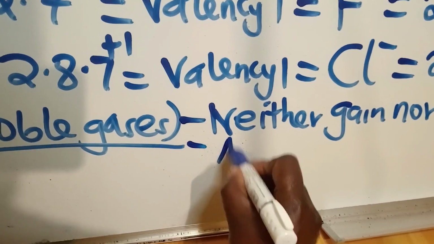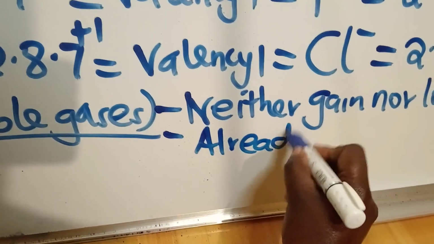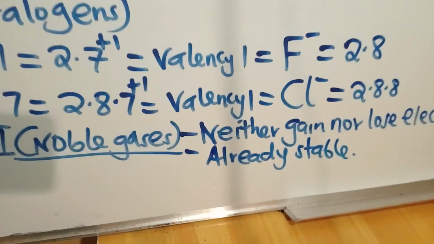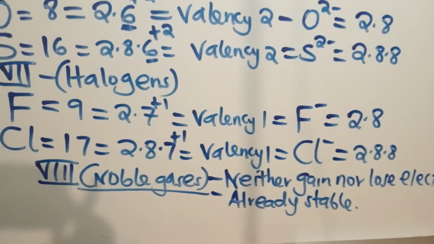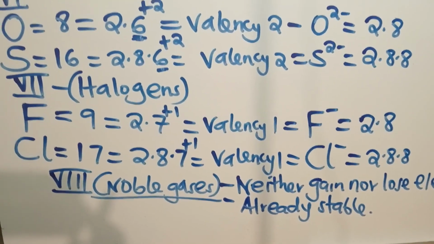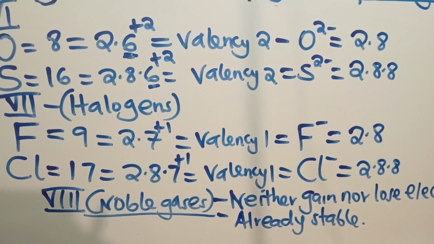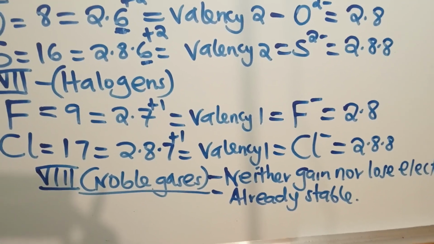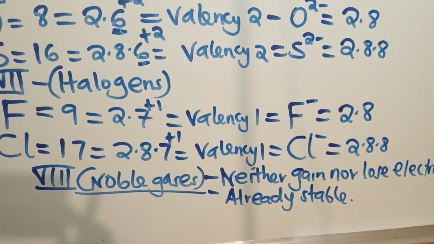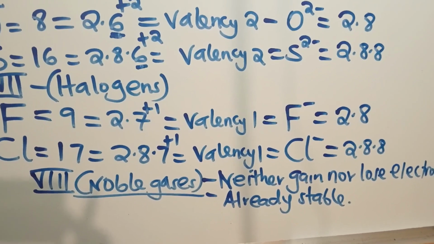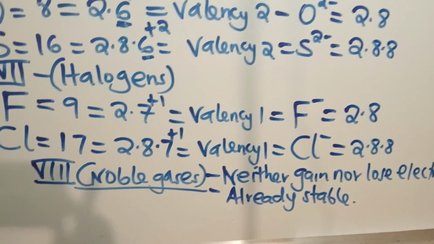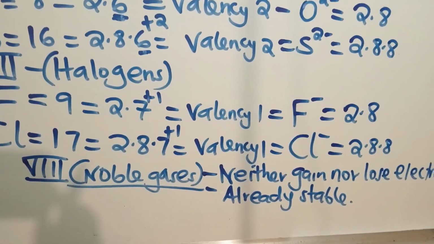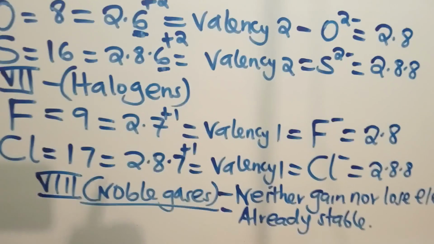Because they are already stable. And because we referred to valency as the number of electrons that an element or an atom gains or loses, now that they gain nothing, they gain 0 electrons. That's why they are referred to as the group 0 elements. Whenever you write their atoms, there will be no charge on top there.